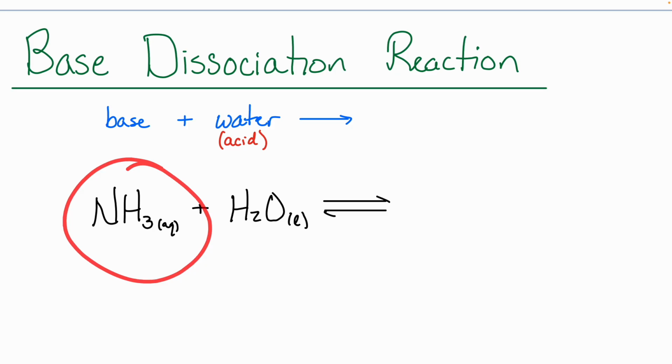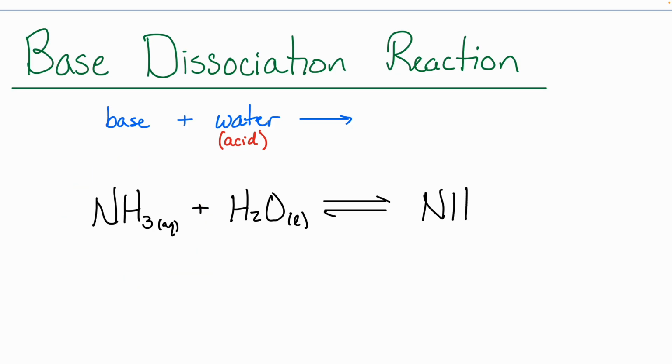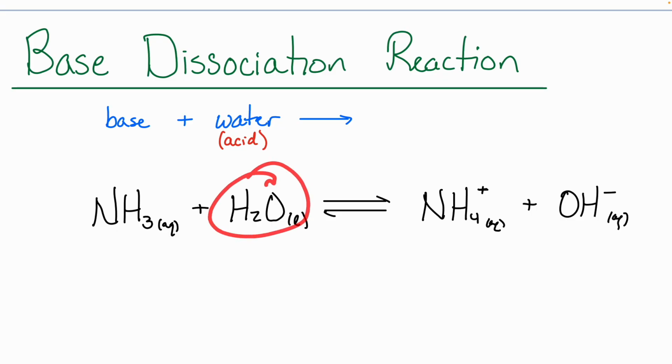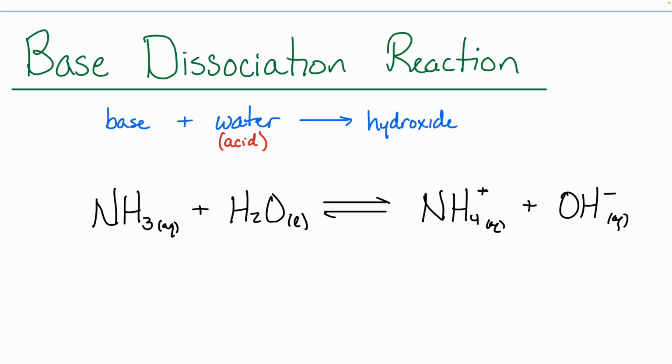Remember, our base, we're going to add a hydrogen. The base is the proton acceptor, so that means my formula here should be NH4, and it increases the charge. So increase number of hydrogens, increase my charge. All right. I'm going to take my acid, I'm going to decrease the number of hydrogens and decrease its charge. So we see that in these base dissociation reactions, because water is playing the role of the acid, we will always get that hydroxide ion and whatever your conjugate acid is.